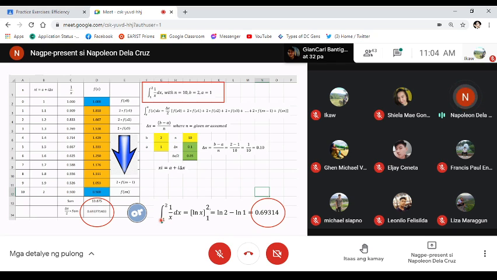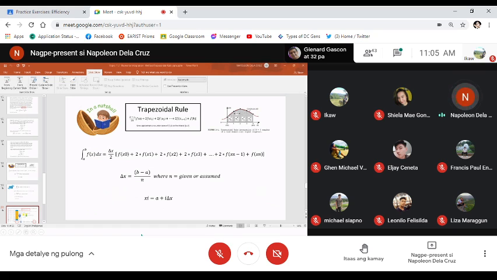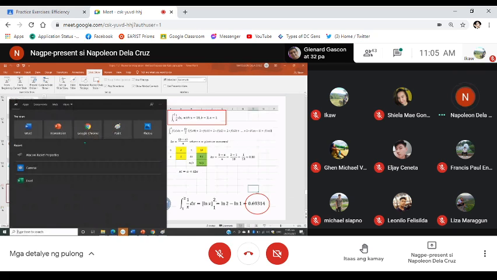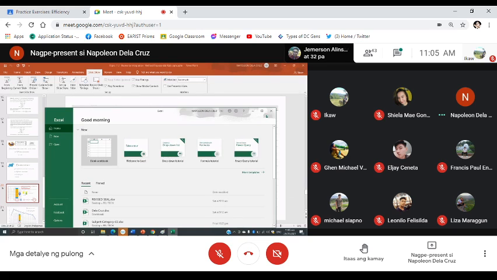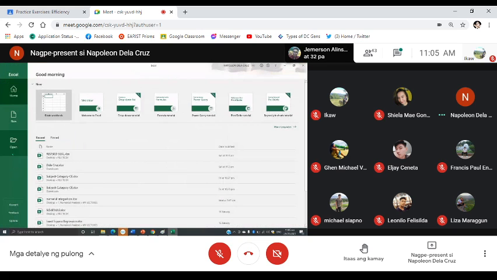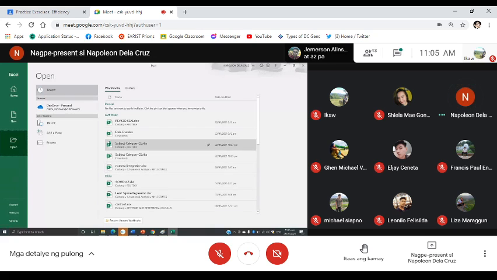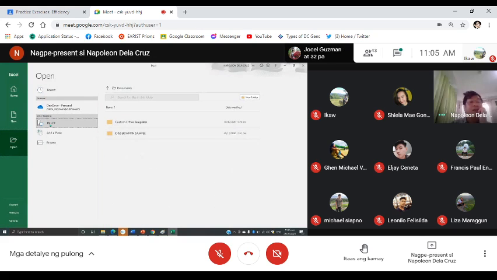Okay? Punta tayo doon sa aking Excel. Hindi ko pa pala nabuksan. Open. Ay, nasaan kaya?